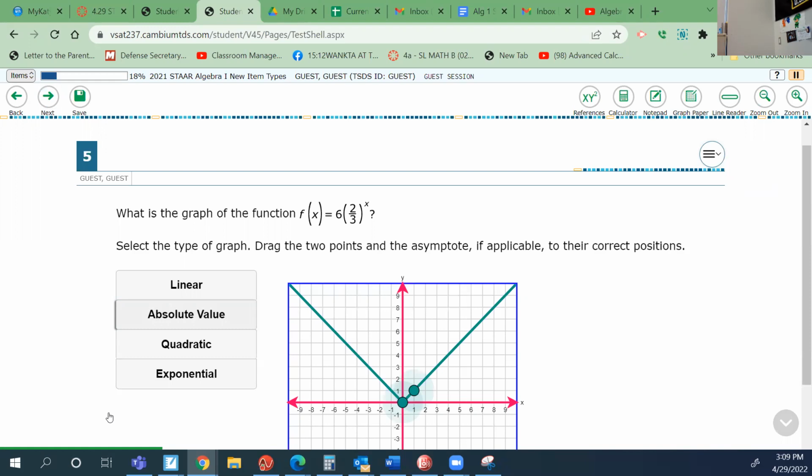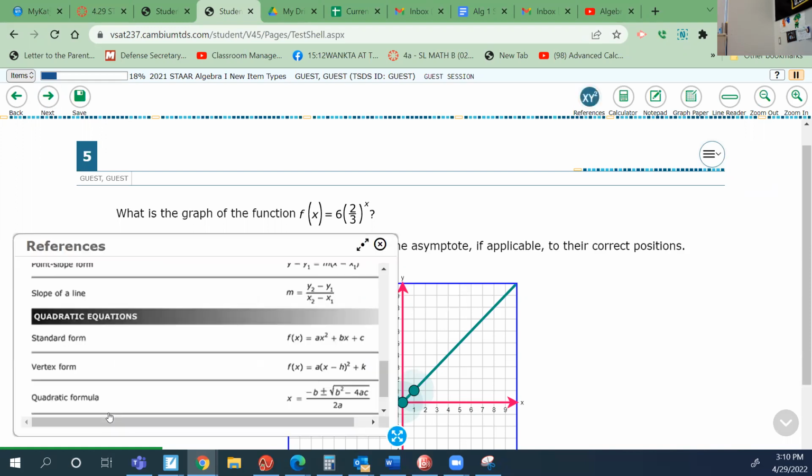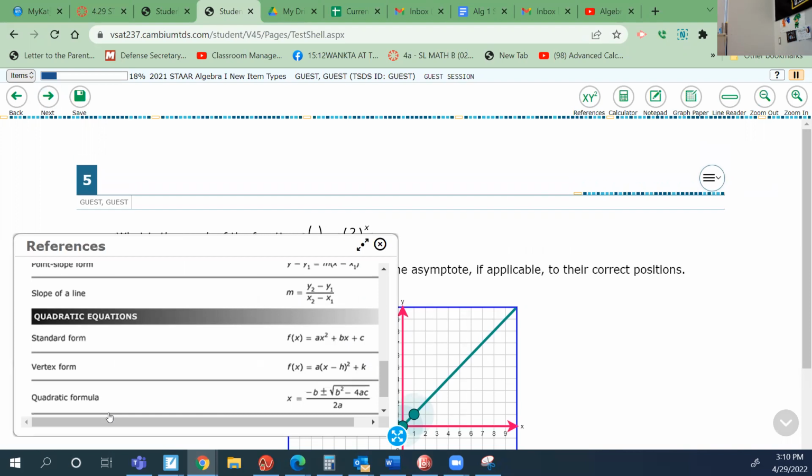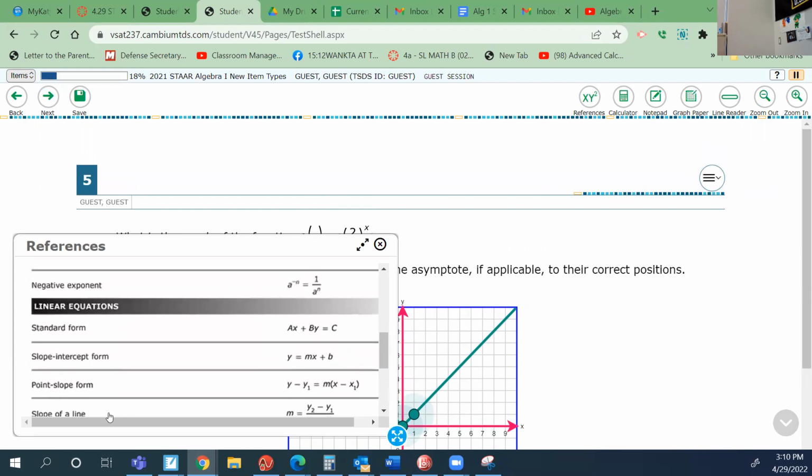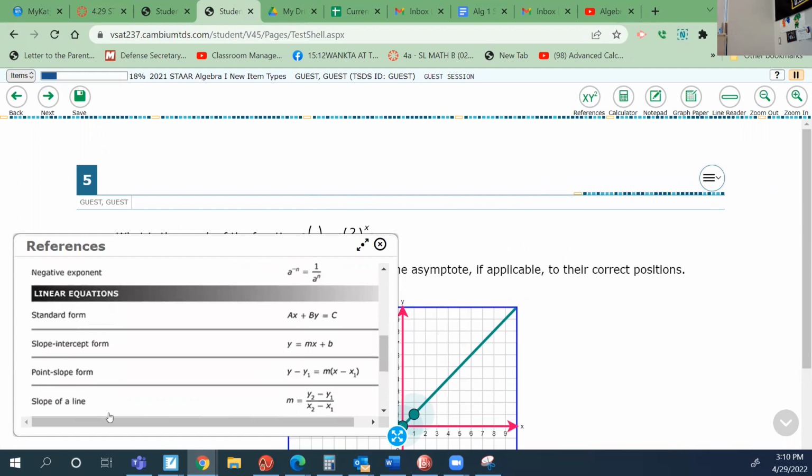All right, so is it linear? Well, go back to your reference chart. You can use this as a guide to help you with a different function. You know it's not linear because linear is just y equals mx plus b.